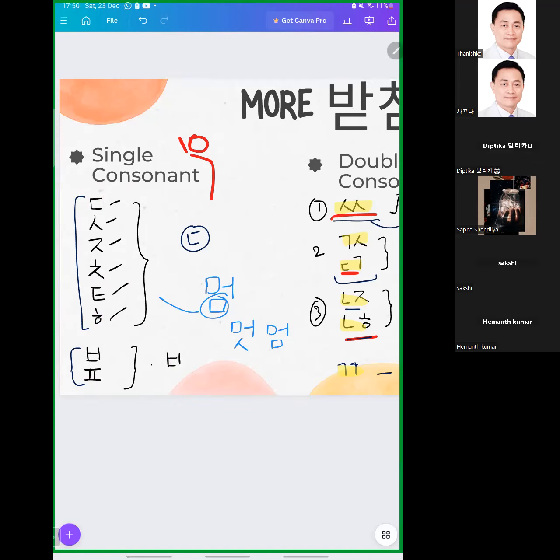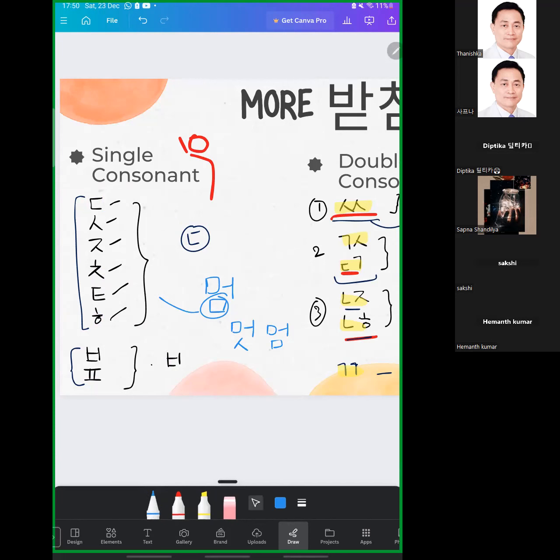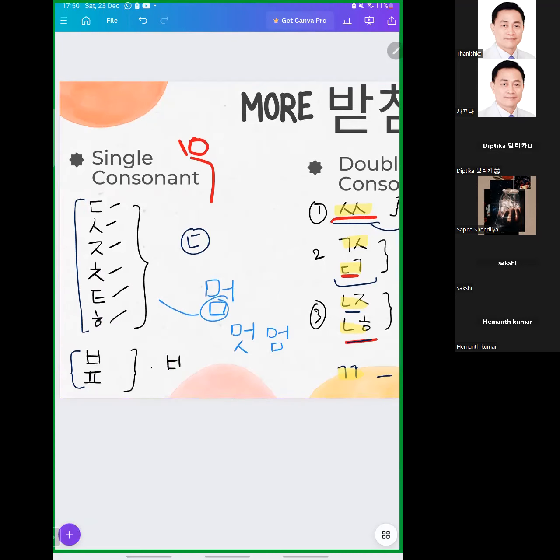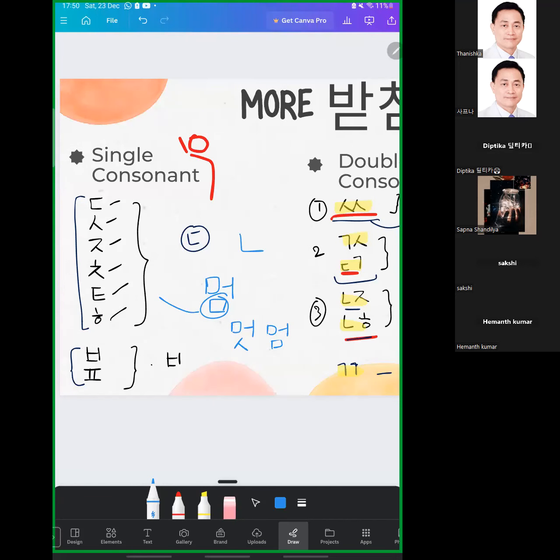Okay. Yes, ma'am. What else have we excluded? We've excluded this alphabet also. No is also not in the list, if you see. So no continues with the same sound.